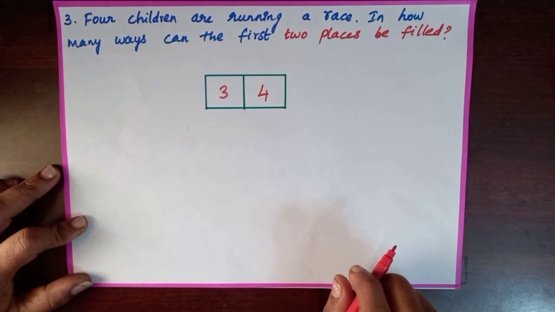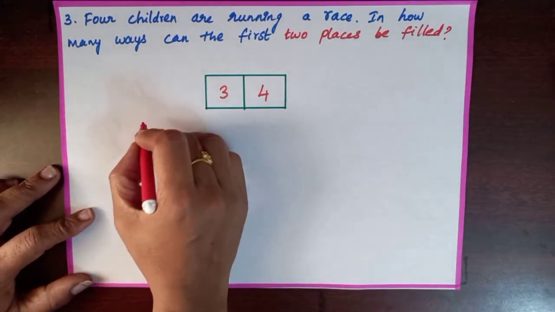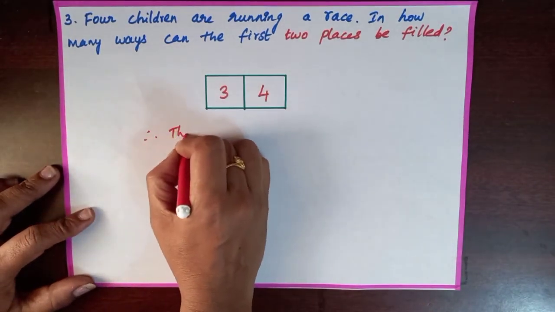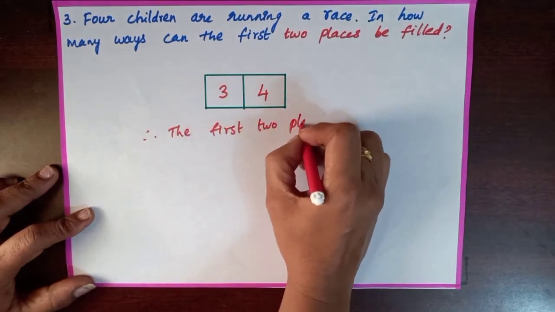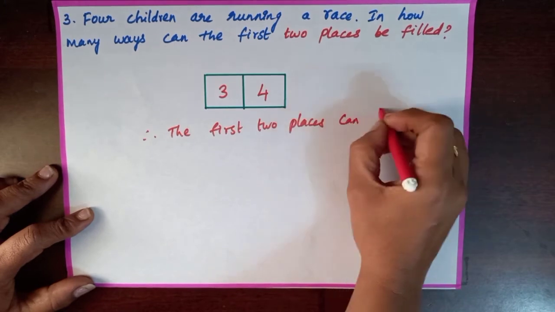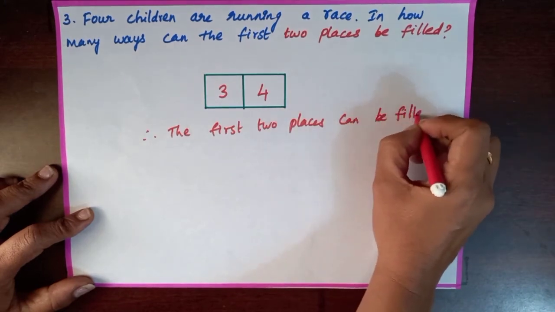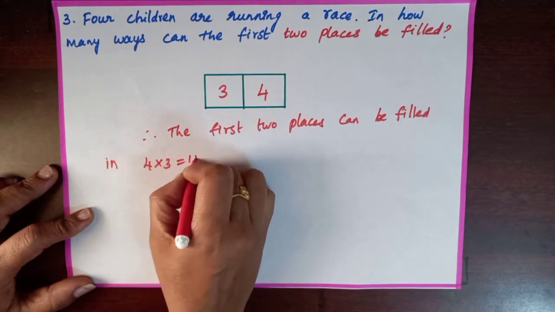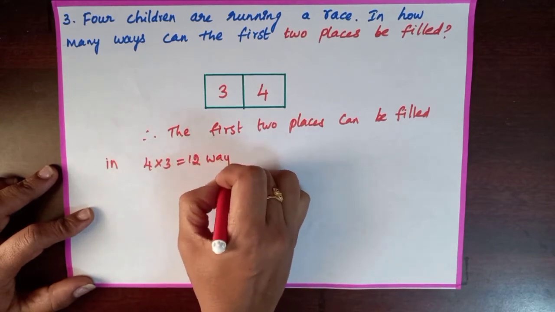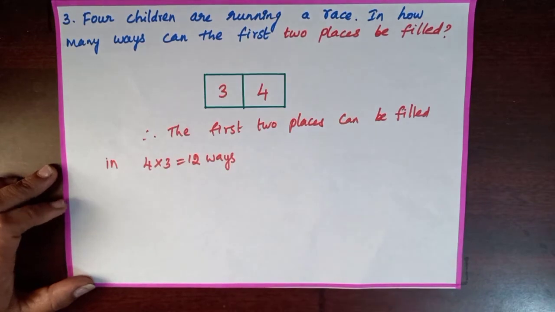Okay. So, therefore, the first 2 places can be filled in 4 into 3 equal to 12 ways by the rule of product.